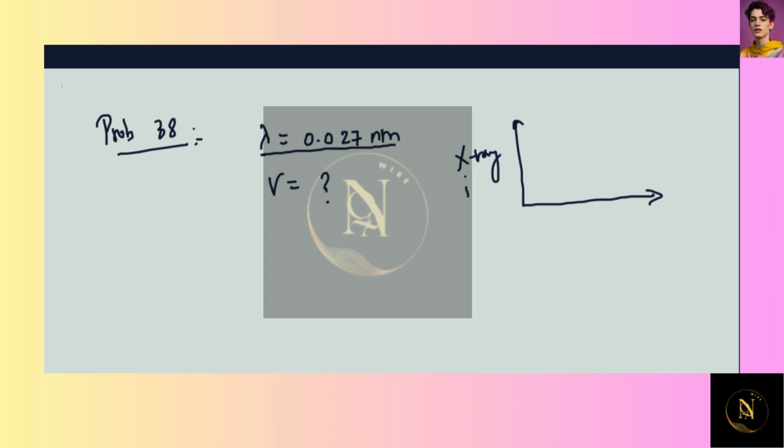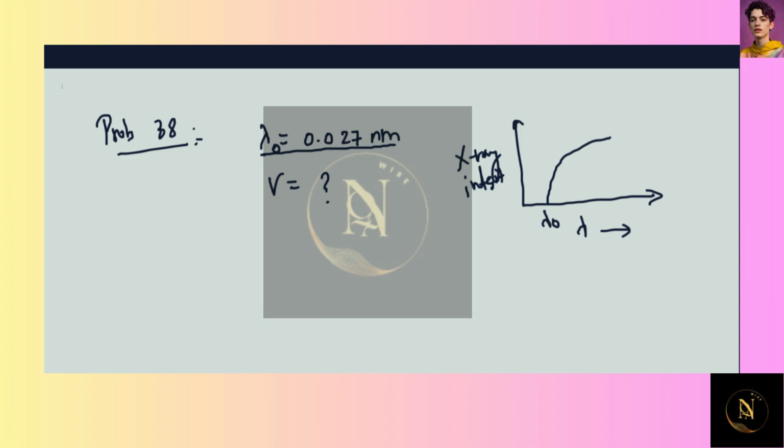X-ray intensity, and here we have wavelength, and at some point the continuous part of the curve starts, and this is the value lambda 0 which is given to us in the problem, and we are asked to calculate the voltage across the tube.